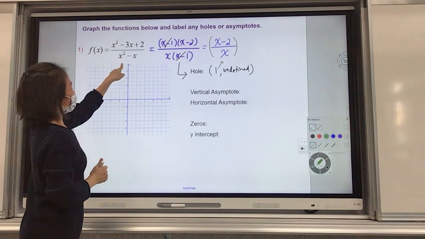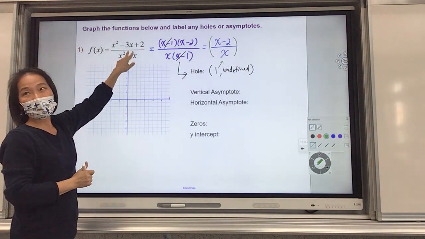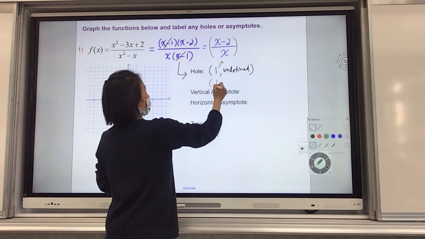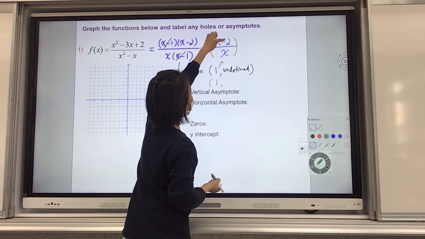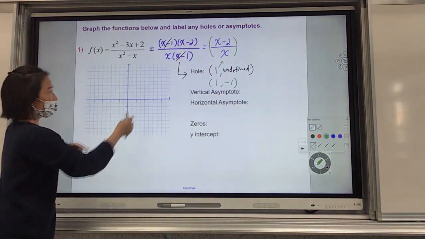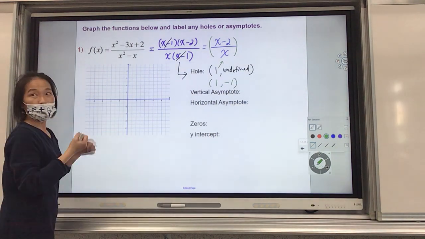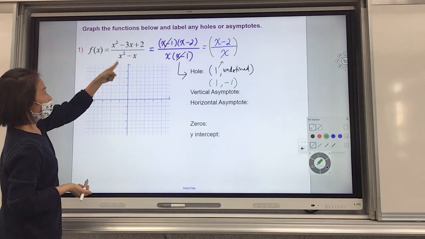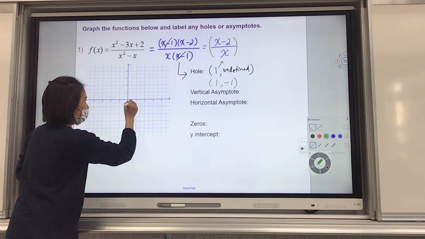Without getting rid of it, I will never get the answer. So now I can substitute 1 into this part. So 1 minus 2 over 1 is negative 1. See, I can find the hole location. Otherwise, I don't know. x equal to 1 could be anywhere, but the hole is actually here.